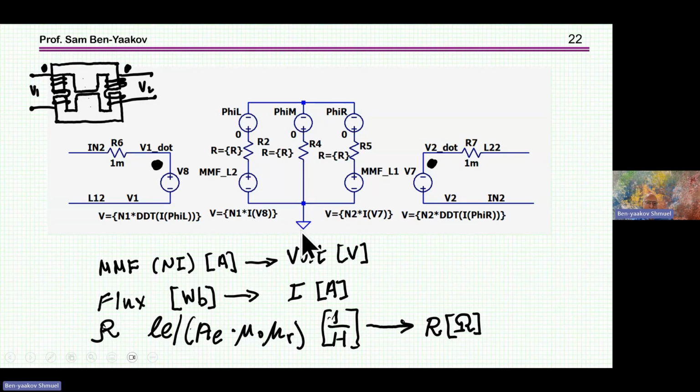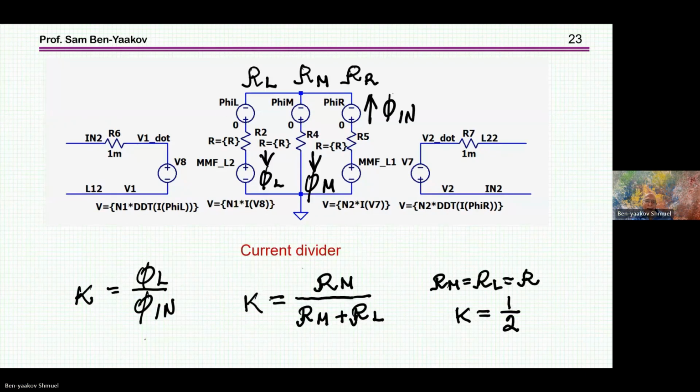Again, this now gives us information about things like what is the flux in this arm, which is very important in the design consideration. And I understand that the coupling coefficient can be very easily derived from here, because if I have a flux coming in from this winding, and then it goes this way, and the flux is emulated by a current, then I'm talking about a current divider, okay?